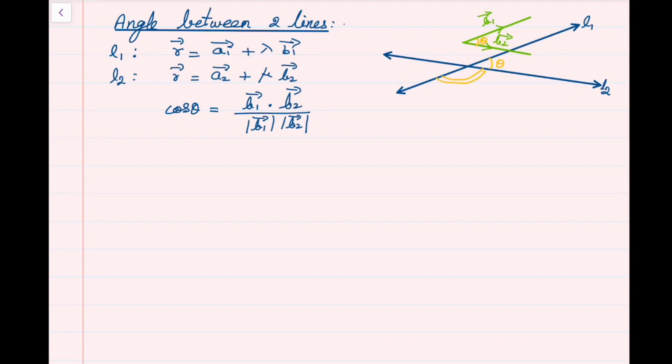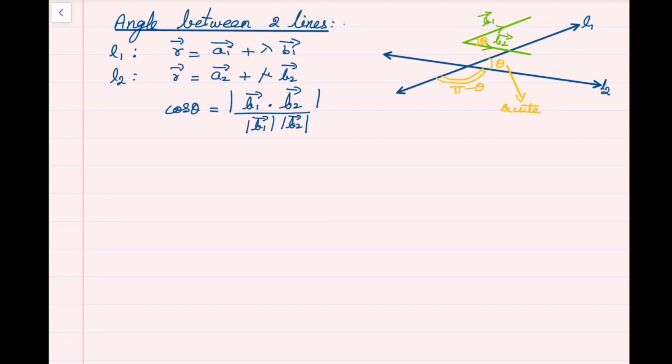The other one is pi minus theta. Both are correct. But usually when they ask the angle between two lines, we give the acute angle as the answer. Therefore, to get the acute angle, we take the absolute value sign here to make the quantity positive. If cos theta is positive, theta will be in the first quadrant, which is an acute angle. And if cos theta is negative, theta will be an obtuse angle, a second quadrant angle.